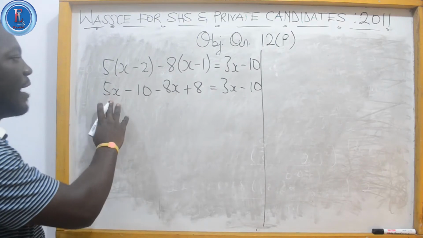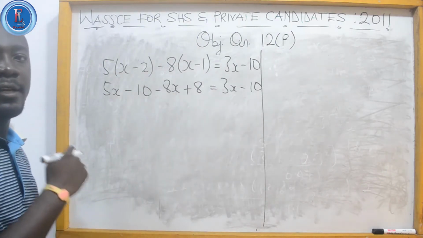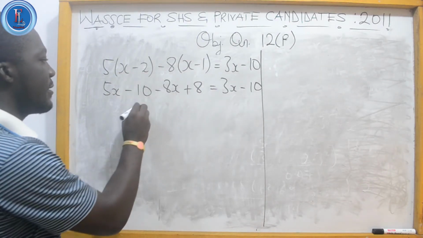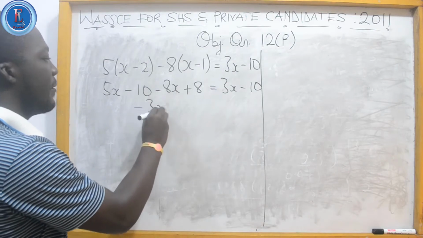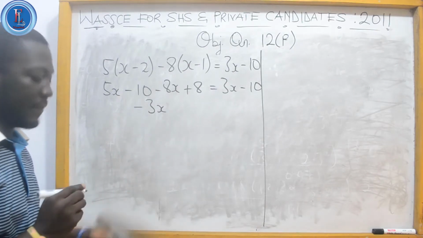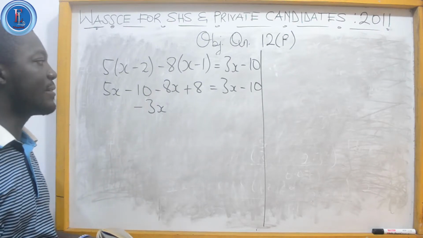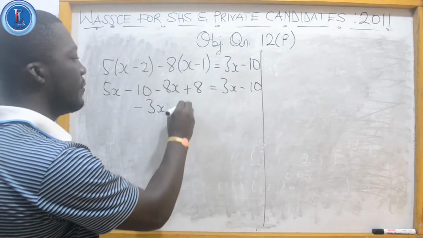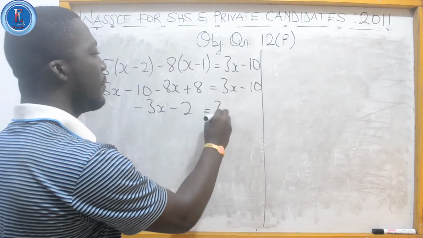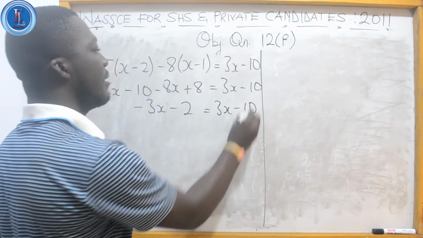Now 5x minus 8x will give us negative 3x. Then negative 10 plus 8 will give us negative 2 is equal to 3x minus 10.